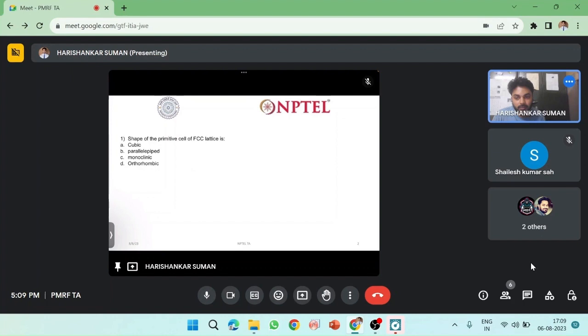So these dotted lines are the a, b, c vectors, and this is the primitive unit cell, a parallelepiped in shape. Are you agree, Shailesh? Yes, sir. Okay, so let's go ahead.